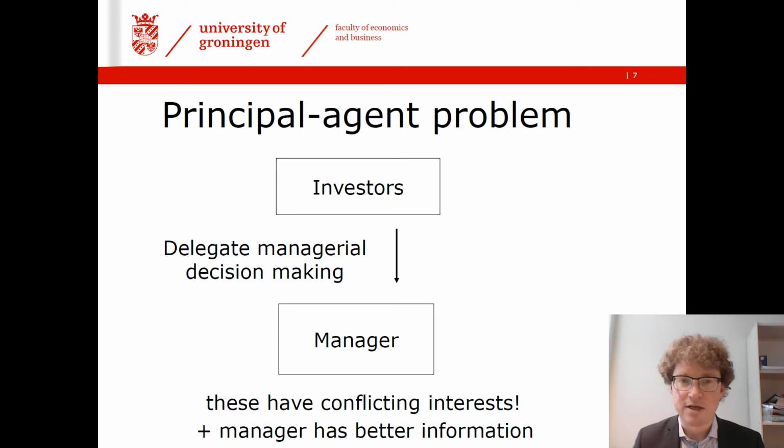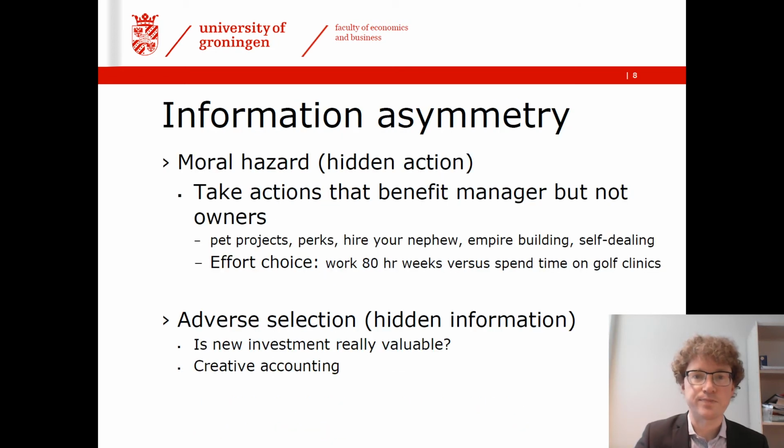Also the manager might have better information on the inside workings of the firm. They know whether the firm is doing well or is actually doing poorly. What we'll be studying in the course is the consequences of such conflicting interests and informational problems between these principals and these agents.